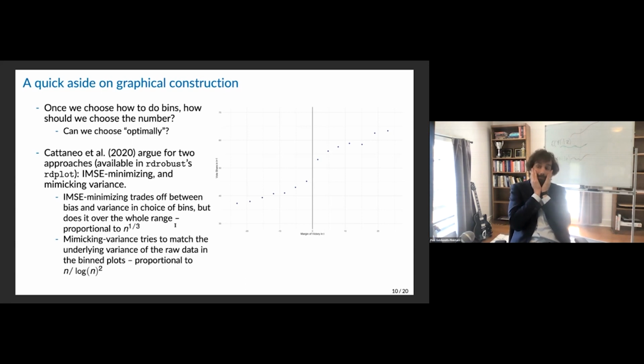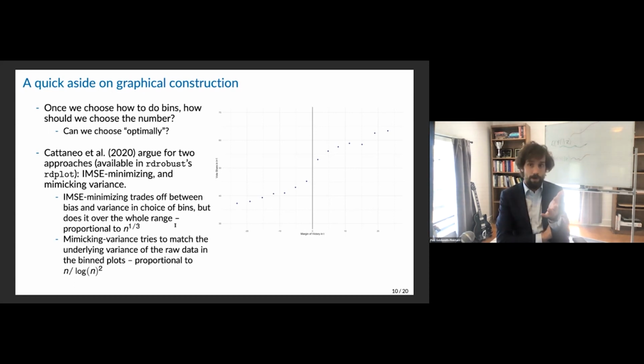The IMSE approach is trading off between the bias and the variance in the choice of bins. What it's really saying is, look, I want to choose a number of bins such that, when I calculate the mean squared error within each bin over all observations, I find the minimum of this.